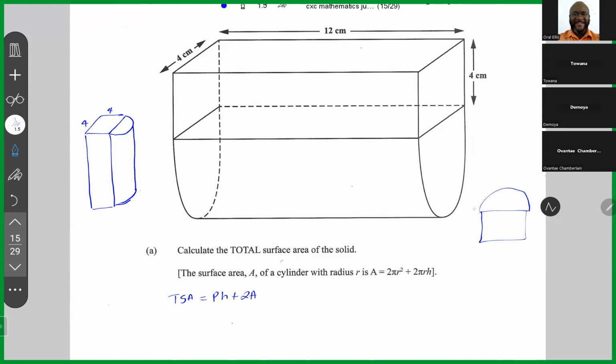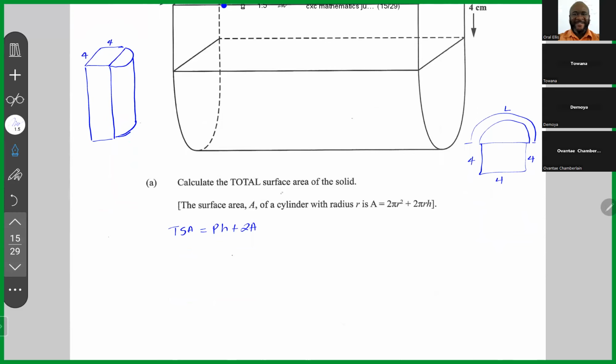So we need the perimeter. We need the length of the curved side, L, and all 4 sides here are 4 centimeters. We need the perimeter and the area of the cross section. So let's go for L. L is half of the circumference, so half of 2 pi r.